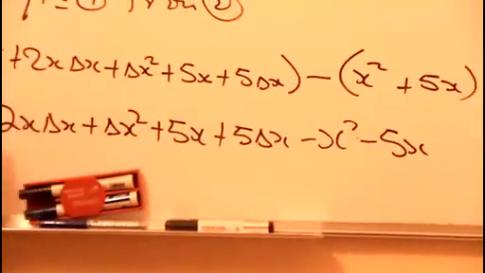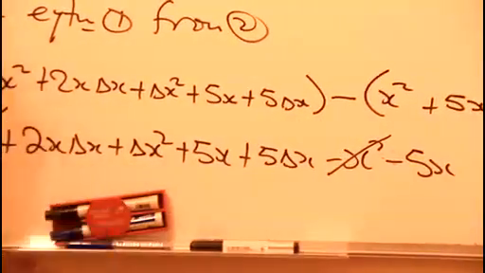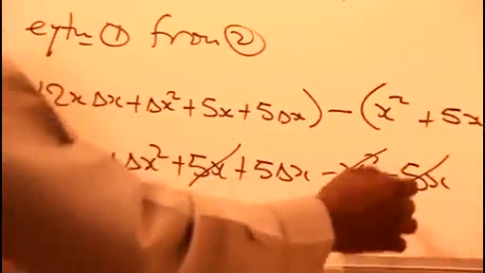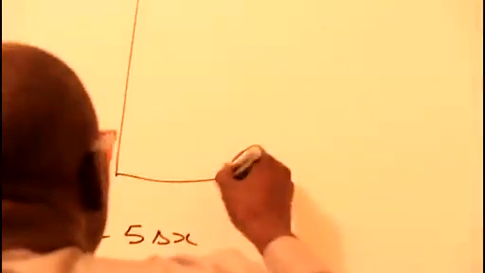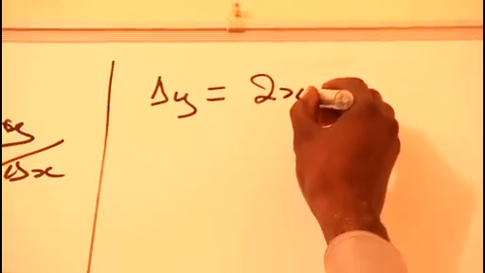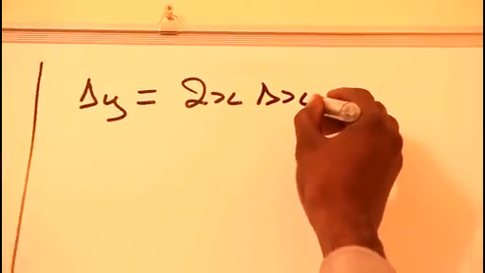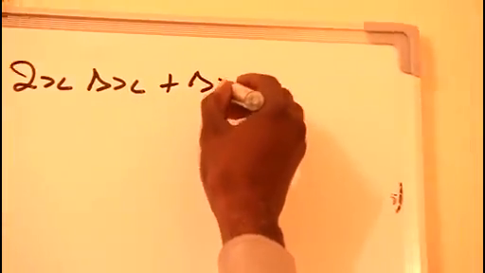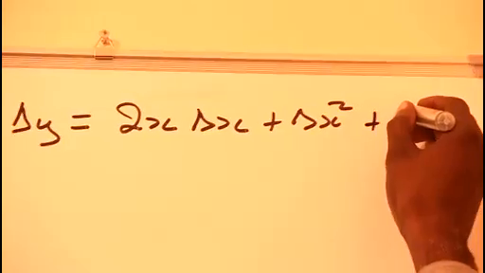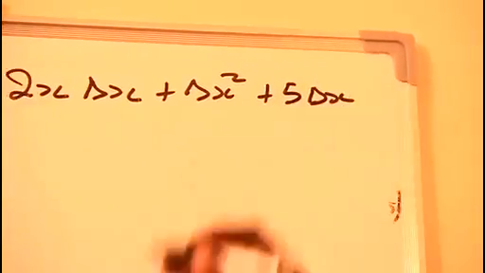So from here, this will clear this, a number and its additive inverse, and this will clear this, a number and its additive inverse. We'll be left with change in y being equal to 2x change in x plus (change in x) all squared, then plus 5 change in x.